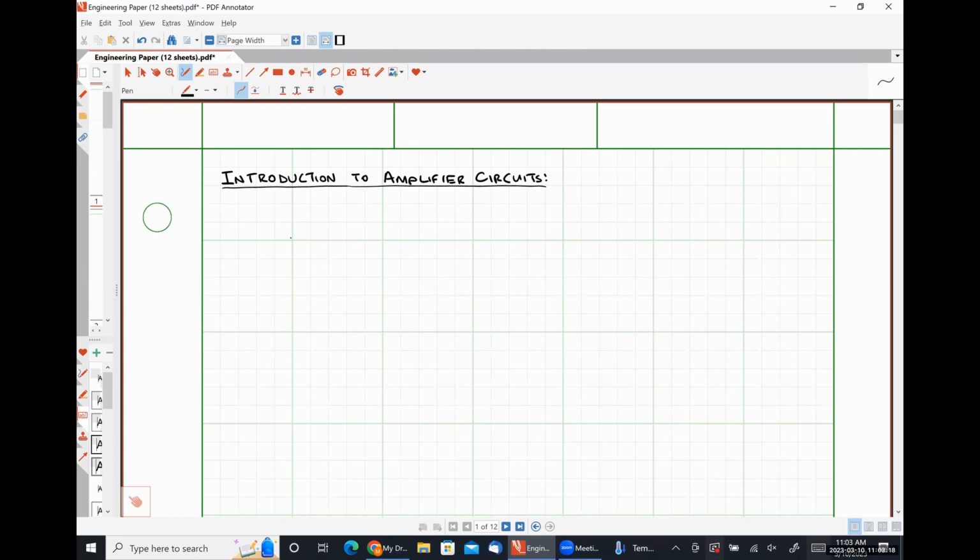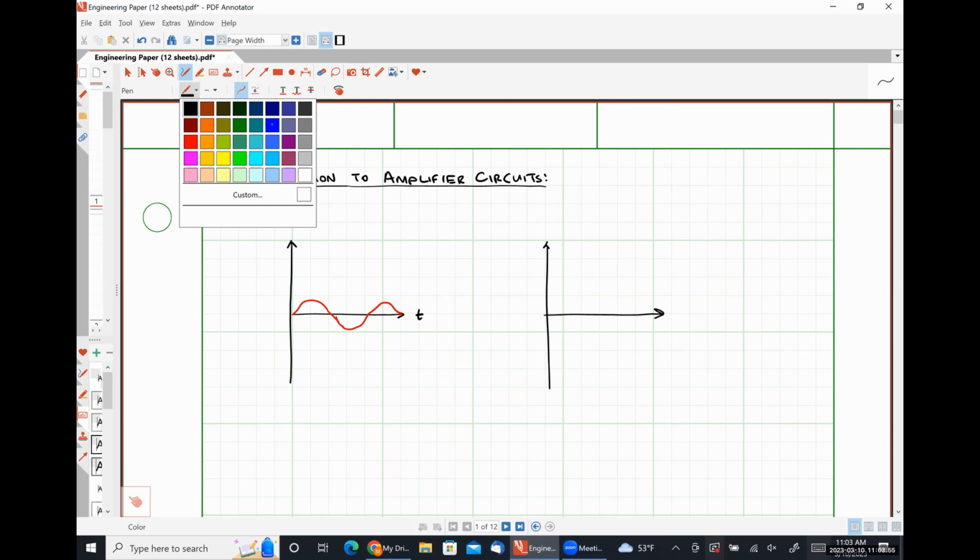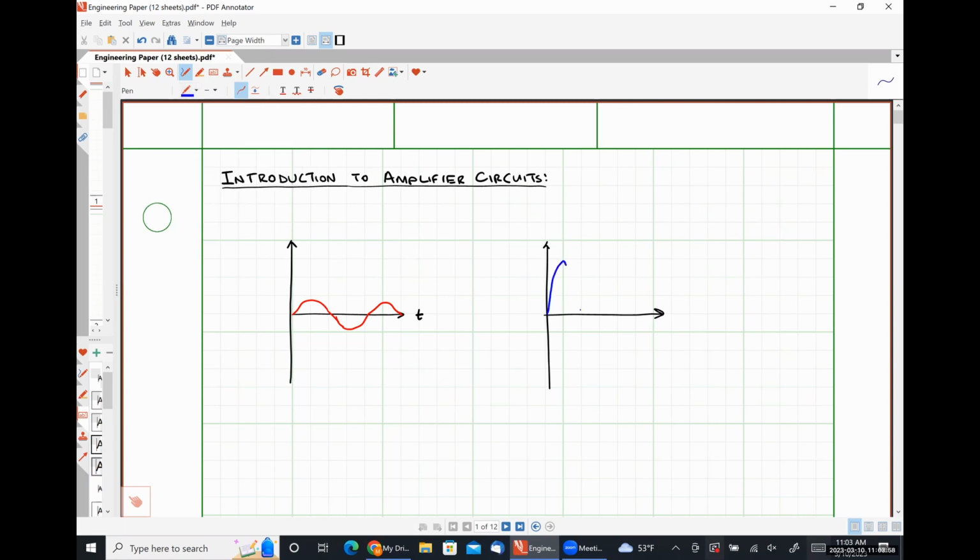So let's say that I have a waveform as a function of time, something like this, and I want a larger version of that waveform, something like this. How can I achieve this?